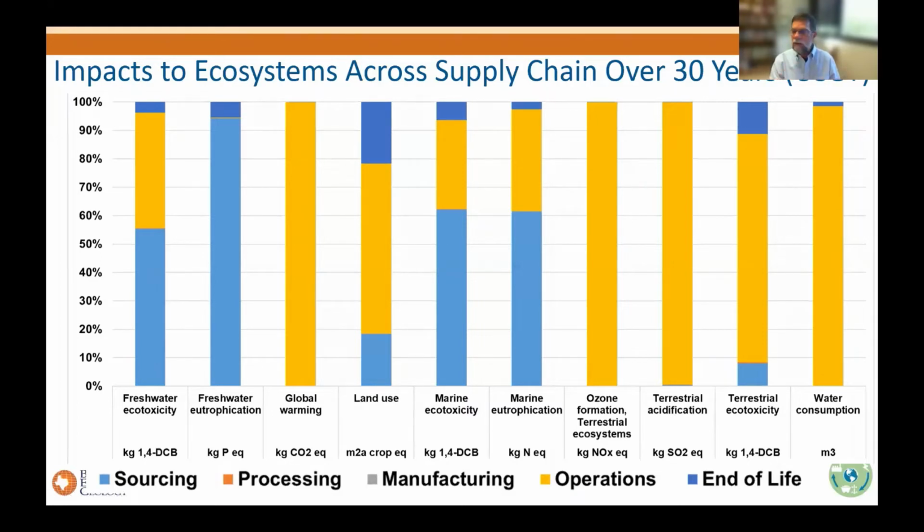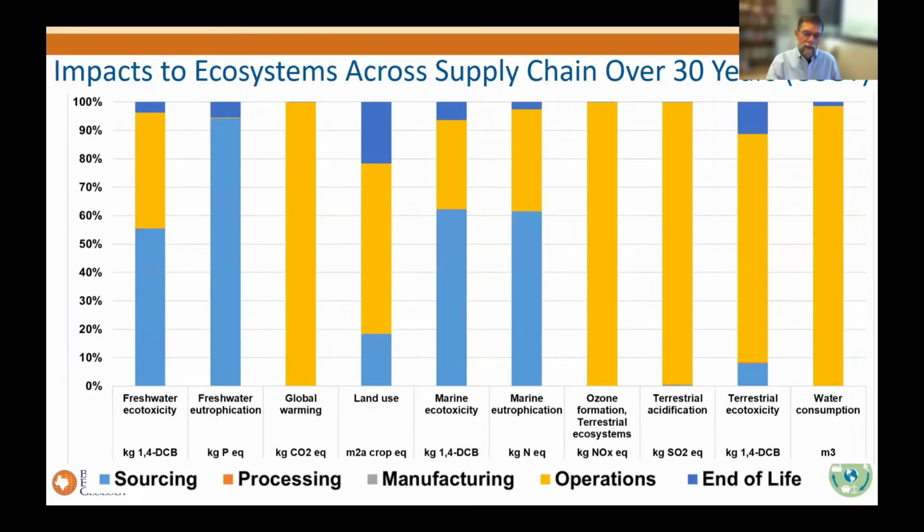You know, you're combusting natural gas, you're going to be releasing CO2 to the atmosphere, and almost the entire attribution is occurring during the combustion and the operation of the facility, as well as the land use. So here's the land use that's required for drilling the additional wells to produce the gas that produces the electricity. So this is where the supply chain becomes very, very important.